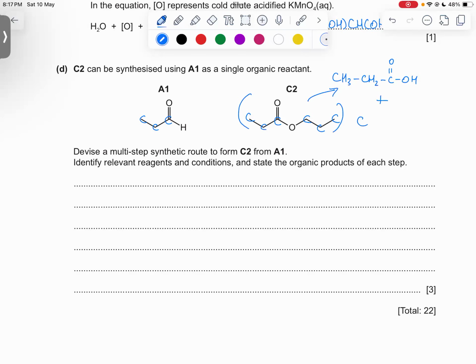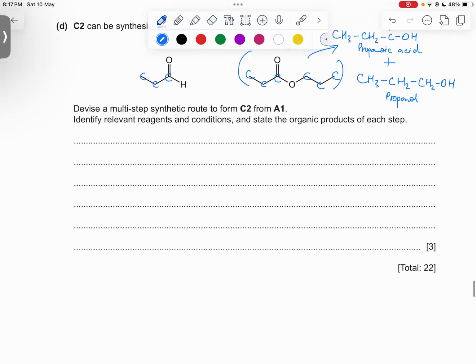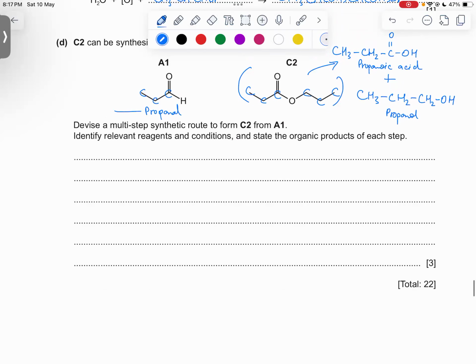And it is going to be reacted with CH3, CH2, CH2, OH, an alcohol. Now this is propanoic acid, and this is propanol. Now propanal can be reduced to make propanol and oxidized to make propanoic acid. This is what we have to do.